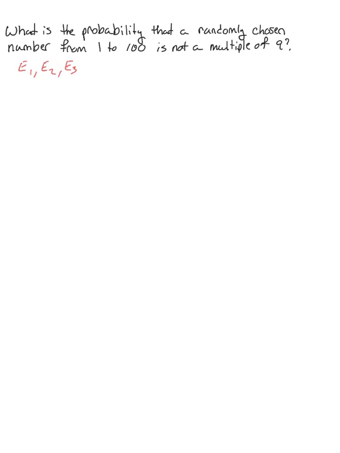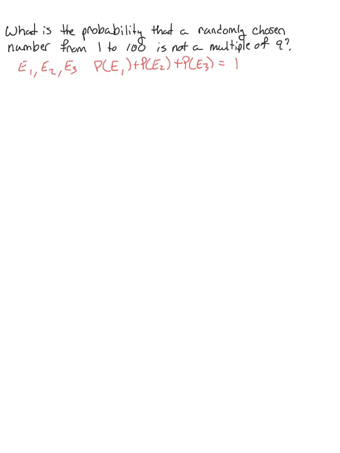No other events are possible. So the sum of all of them has to be 100%. The probability of event 1 plus the probability of event 2 plus the probability of event 3 has to equal 1, because probability is a fractional value.